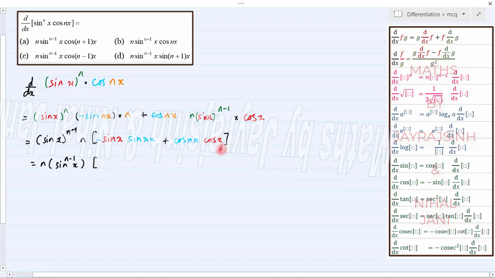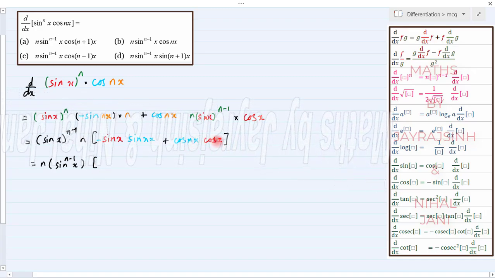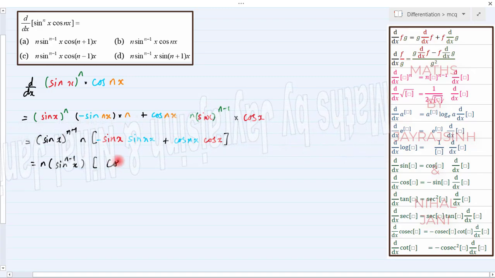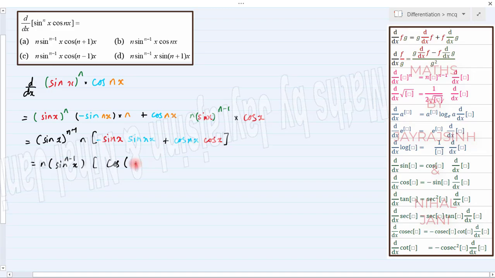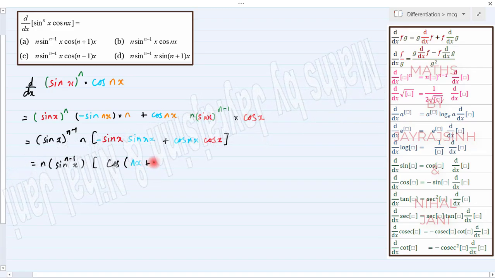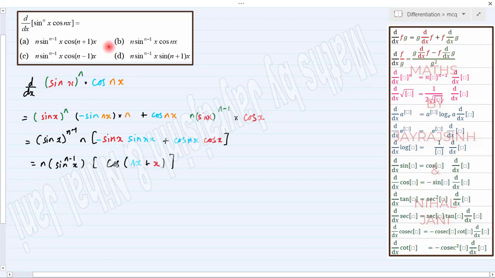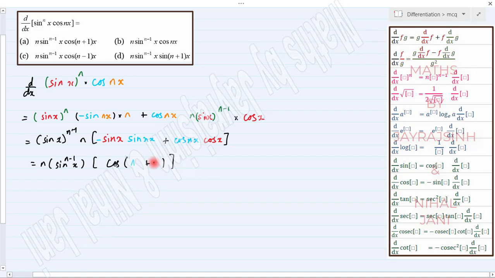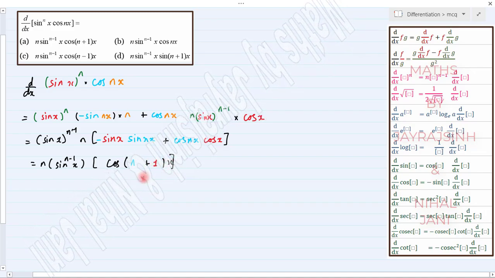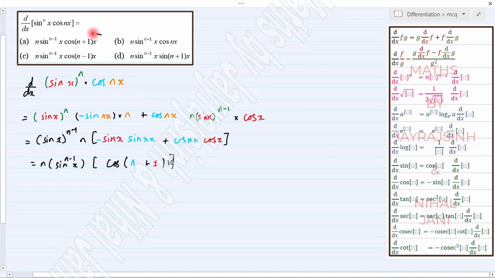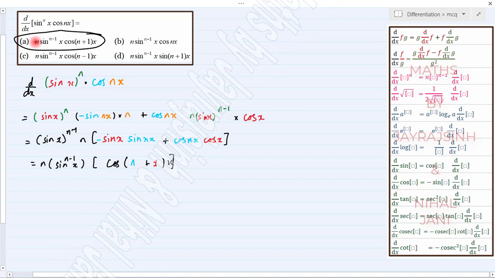And in this bracket, we have cos alpha cos beta minus sin alpha sin beta, which can be converted into cos alpha plus beta, or we can say nx plus x. And to get the proper option, we can take x common. So we will get n plus 1 x. So tada! Here we get our final answer, which is given in option A.